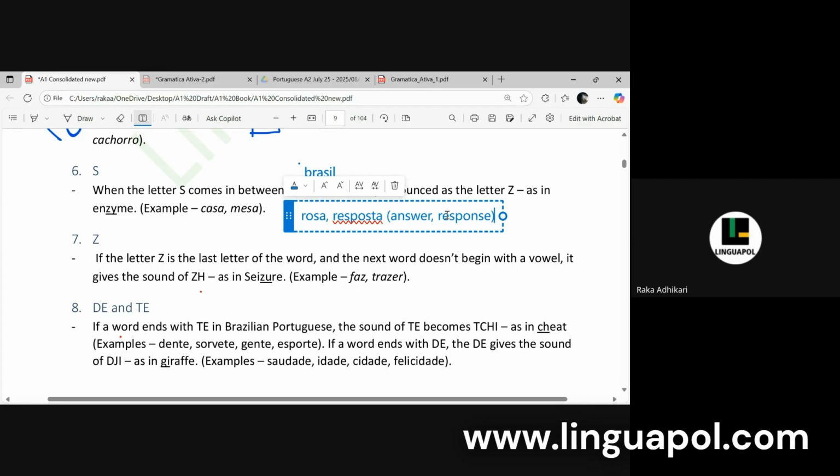Okay. So here we are not following that sound of Z. But in casa, mesa, rosa, in these we are following it. For example, famosa, famous, famosa. Similarly, coisa. Coisa means thing.